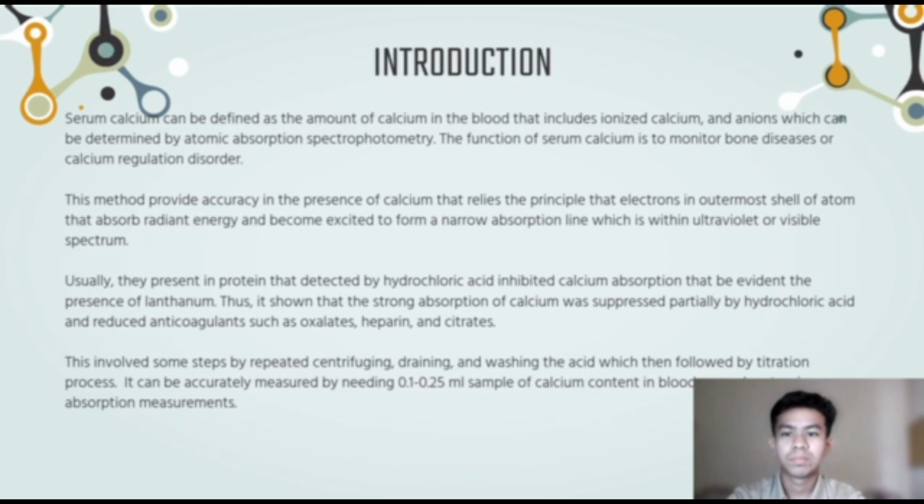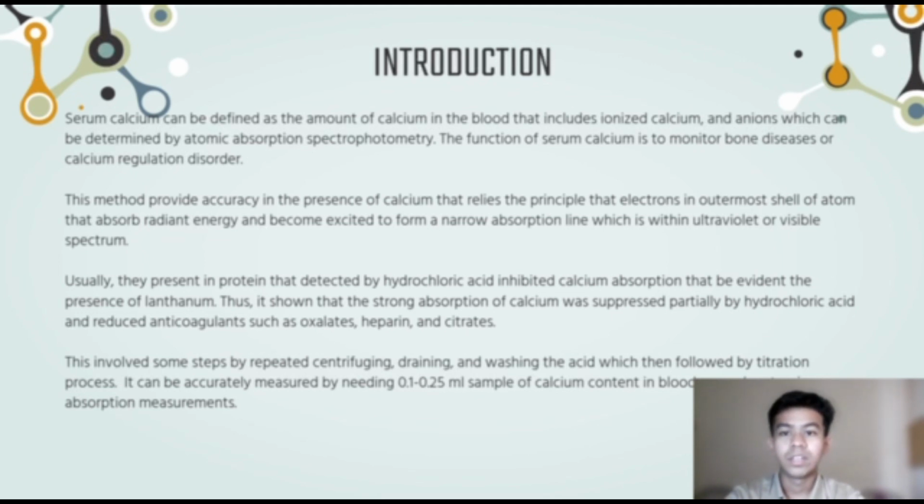This method provides accuracy in the presence of calcium, where the principle is that electrons in the outermost shell of an atom absorb radiant energy and become excited to form a narrow absorption line, which is within the ultraviolet or visible spectrum.